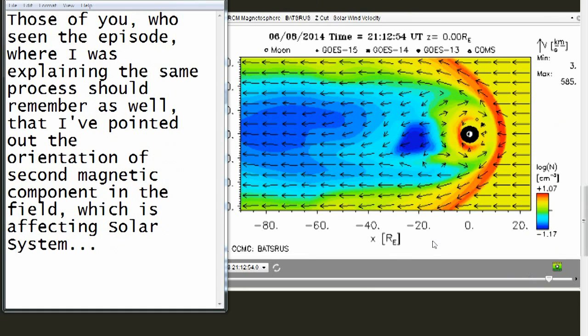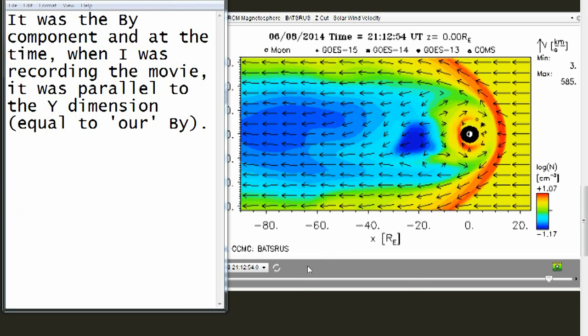Those of you who've seen the episode where I was explaining the same process should remember as well that I pointed out the orientation of the second magnetic component in the field which is affecting the solar system. It was the By component, and at the time when I was recording the movie it was parallel to the Y dimension, equal to our By.